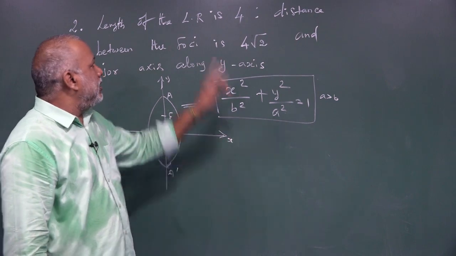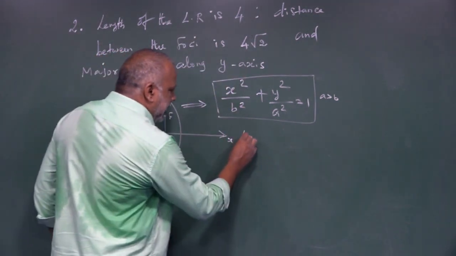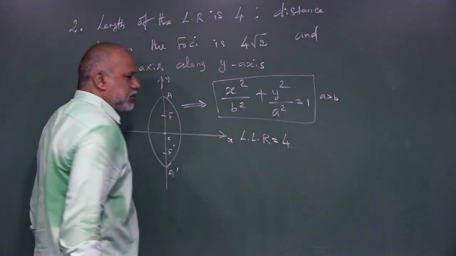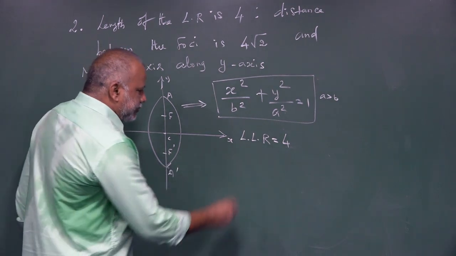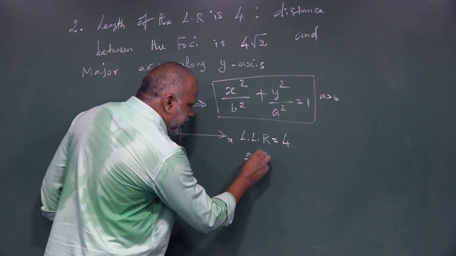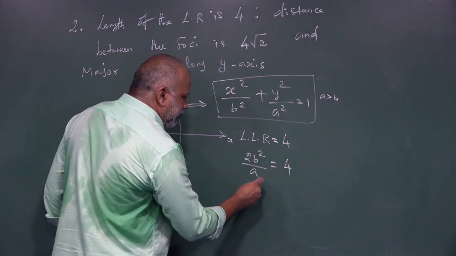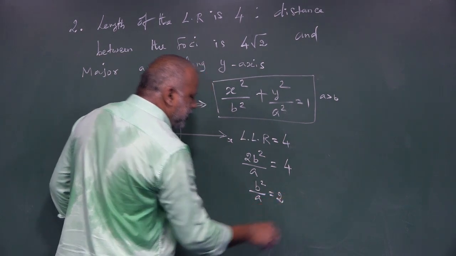Now see, length of the latus rectum once again. What is the formula? Length of the latus rectum, as per given data, is 4. Just now we used the concept that the length of the latus rectum is denoted by 2b squared by a, that is equal to 4. These 2 and 4 will be removed. Therefore we get b squared by a equal to 2.